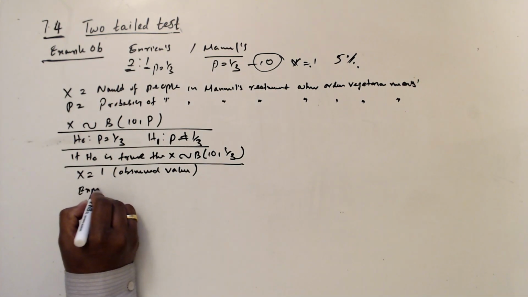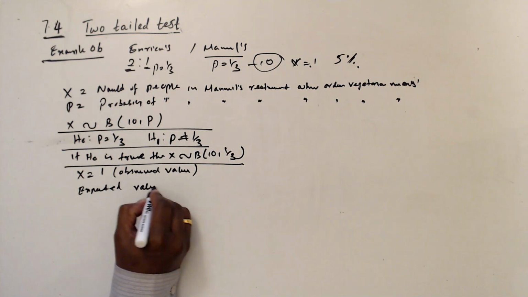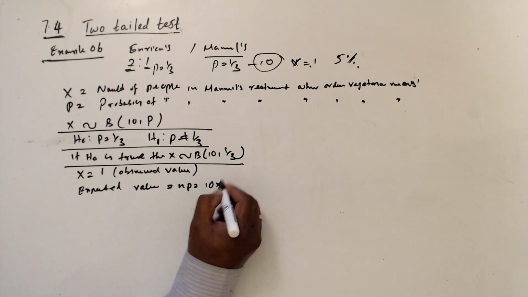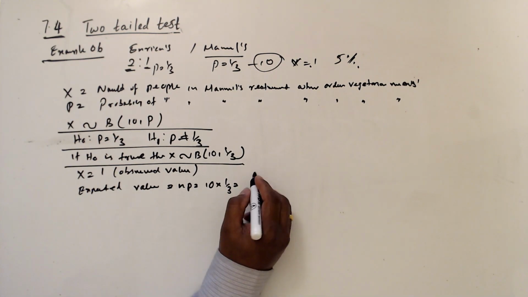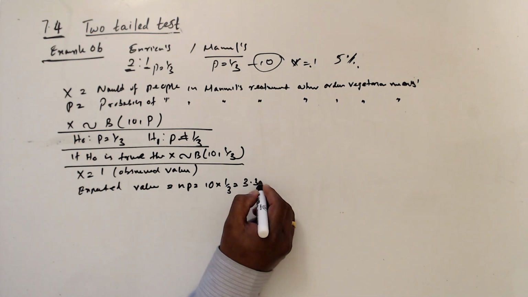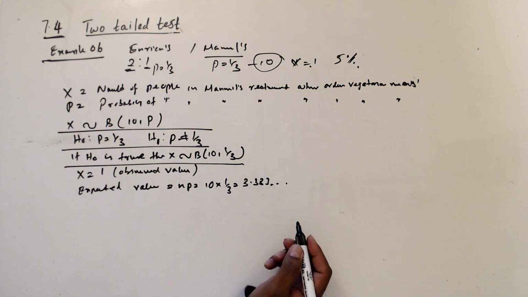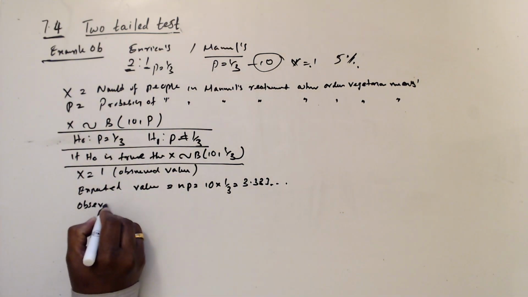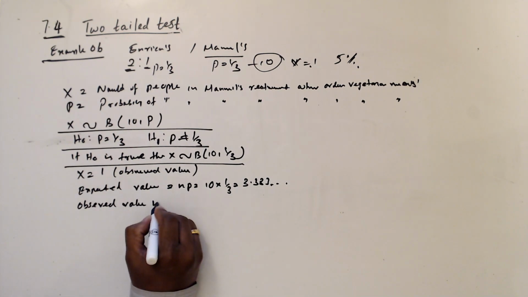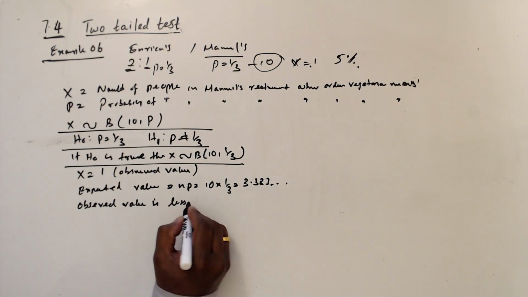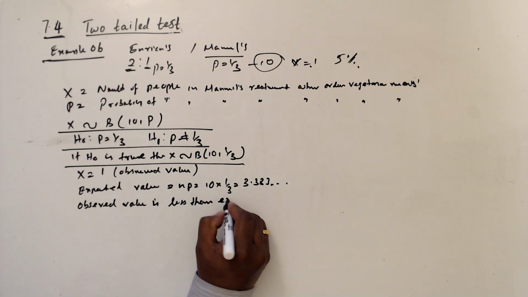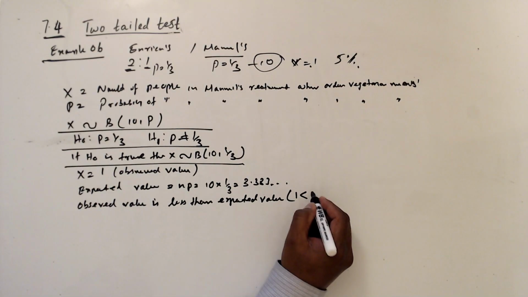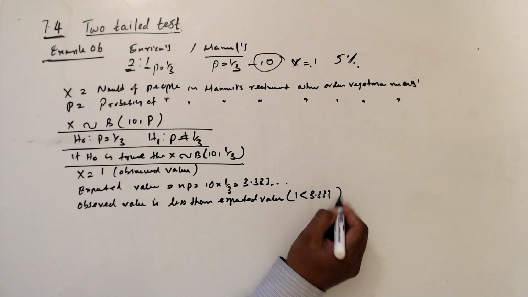Then the expected value is np, n times p, n is 10, and the probability is 1 over 3, that is going to be 3.333... Now we can see that the observed value is less than the expected value, that is 1 is less than 3.333.